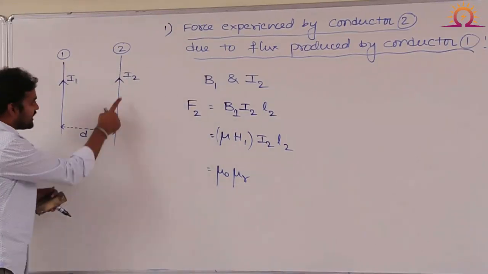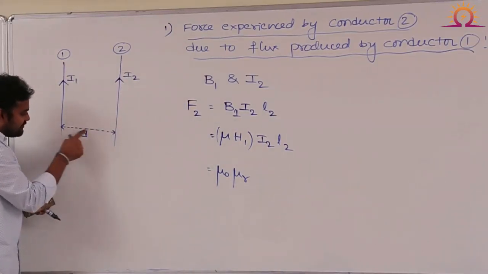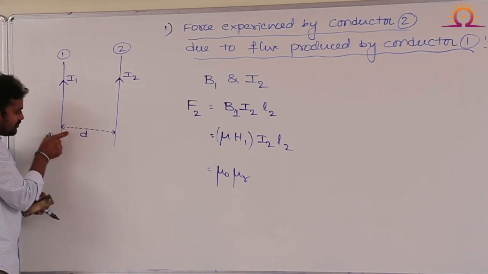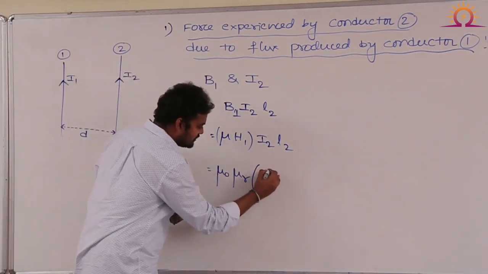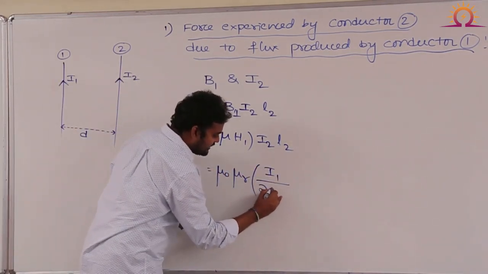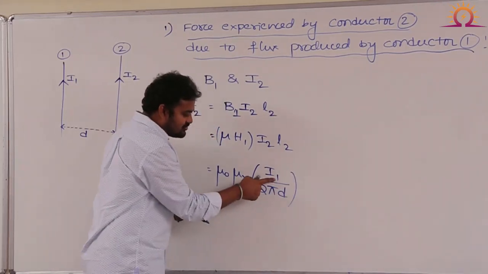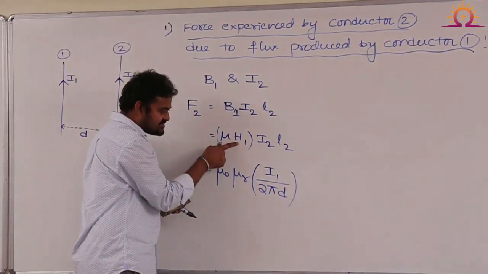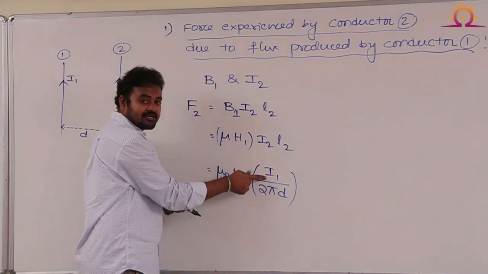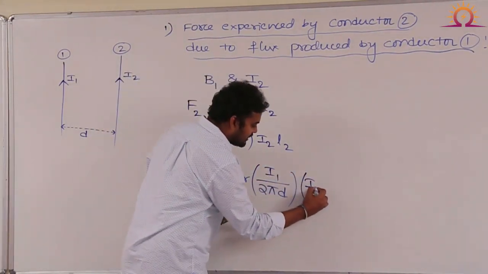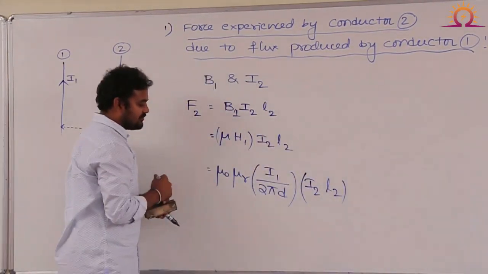See here, conductor 2 is exactly d meters away from conductor 1. So therefore H is equal to I1 by 2 pi d. So why am I using I1 here? Because this H is created by the first conductor, into I2 into length of conductor number 2.